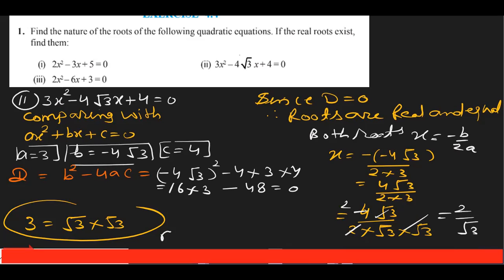So both roots are 2 upon root 3, and that is the answer of this question. दोनों ही रूट इक्वल हैं और दोनों ही रूट 2 upon root 3 के इक्वल है. That's all for this part number 2.